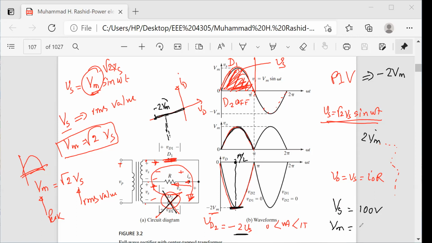You have to tell him numbers. If Vs equals 100 volts, what is your Vm? Square root of 2 into 100, which is 141 volts.